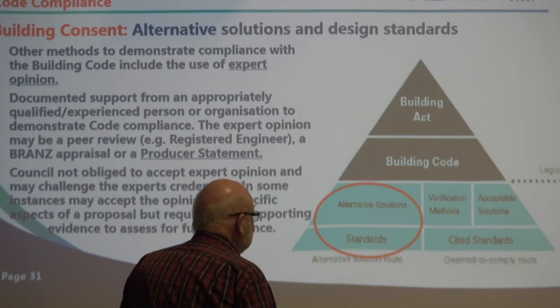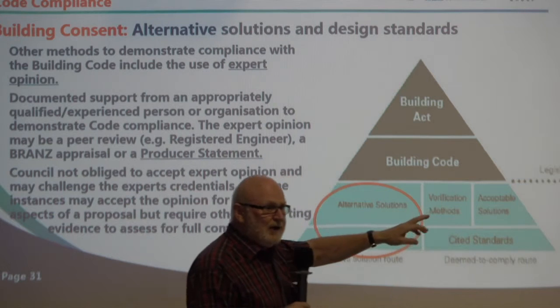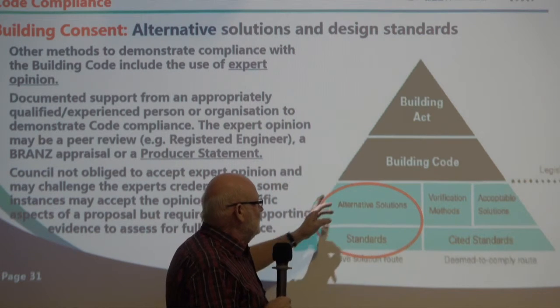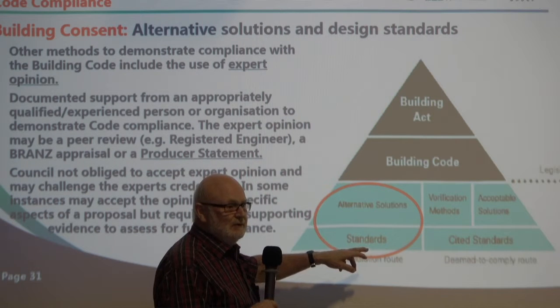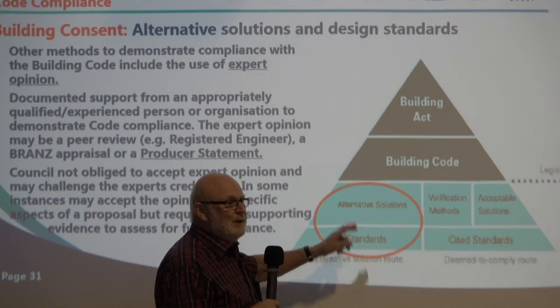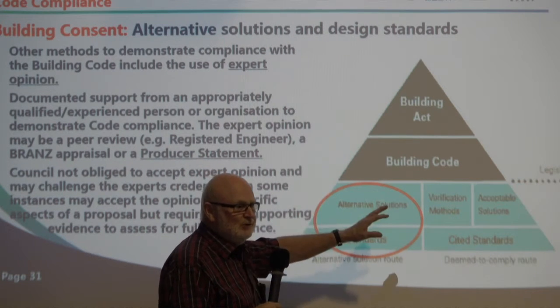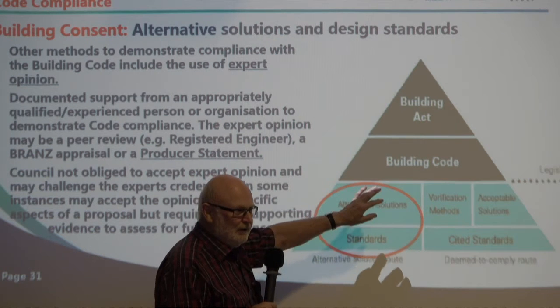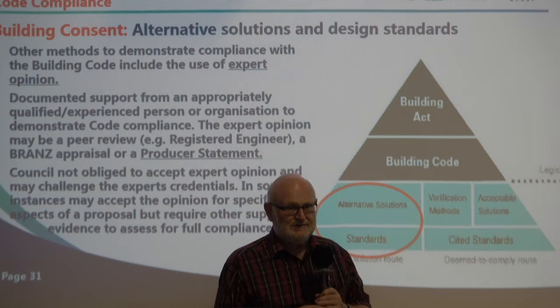So if you don't want to use an acceptable solution, you can go back to first principles with an alternative solution and with other standards and design from first principles. But the council still has to be satisfied, and that's much more difficult to get a building consent through that way than using acceptable solutions.